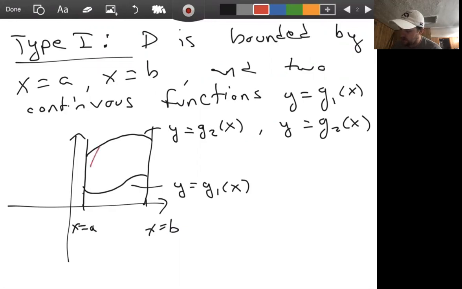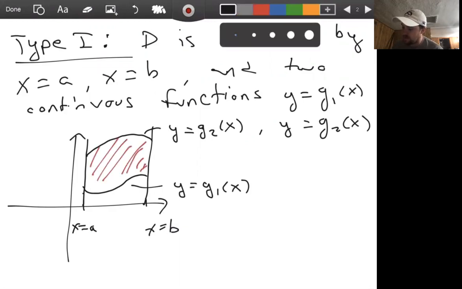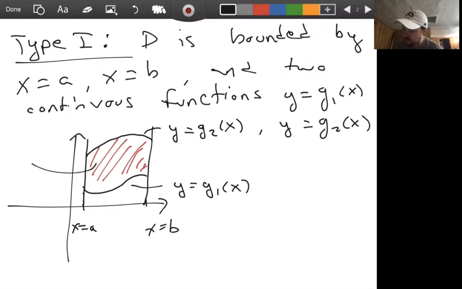And here, this region bounded by these four smooth curves is the region D that we'll say is of type 1, right?